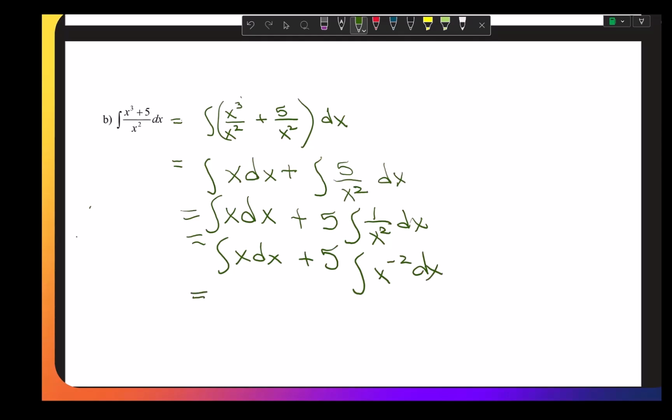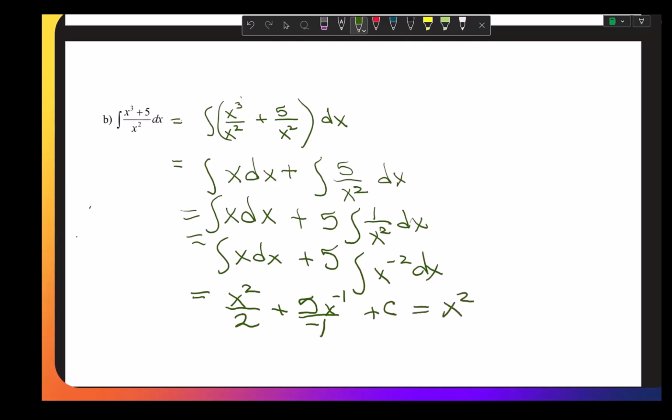Now, these are both just power rules. This is equal to x squared over 2 plus 5 times x to the minus 2 plus 1, or x to the minus 1, divided by minus 1. And don't forget we have plus c.